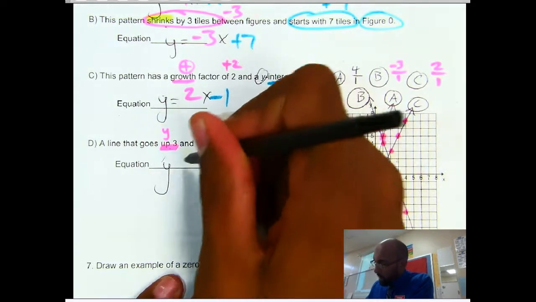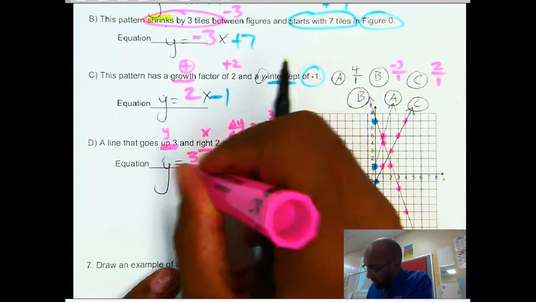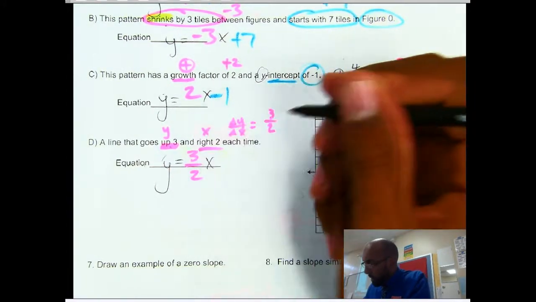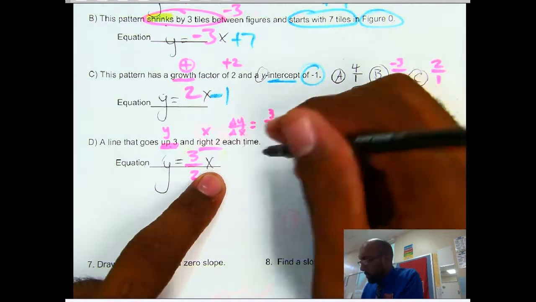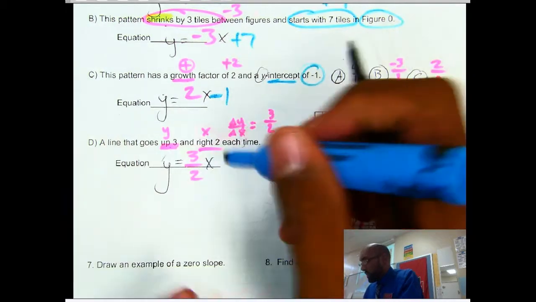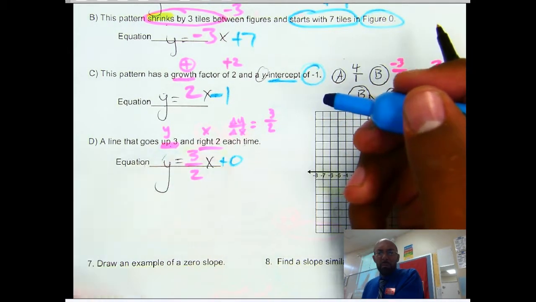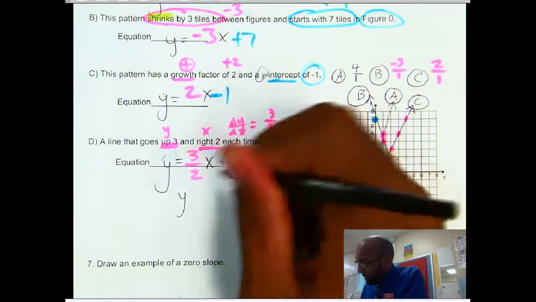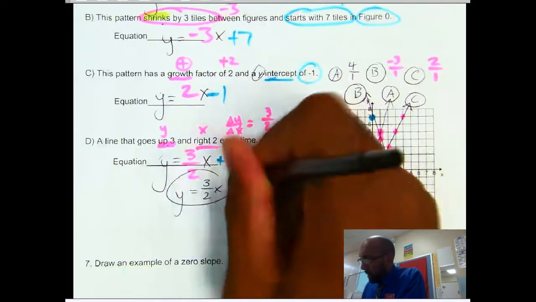So all we can do is write the slope, 3 over 2, x. And it says no start, so we're just going to say the start is 0. We don't need the 0. So just write y equals 3 over 2x.